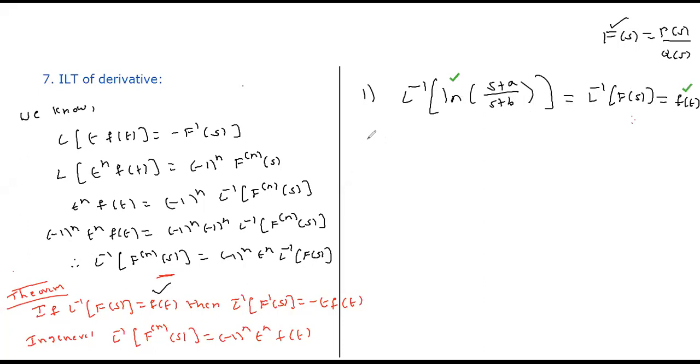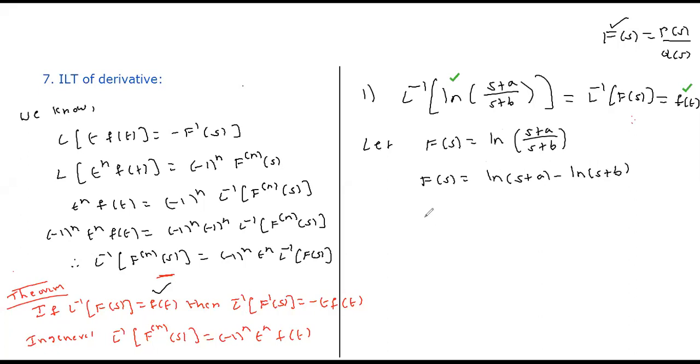How do we find it? I don't know the inverse transform of a logarithmic function, but I can rewrite this as log of (s plus a) minus log of (s plus b).